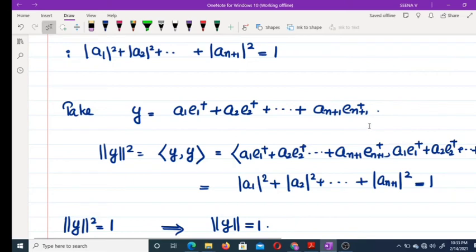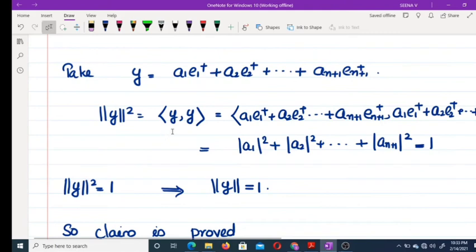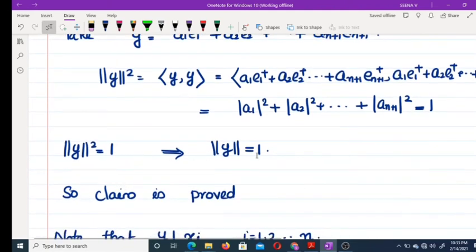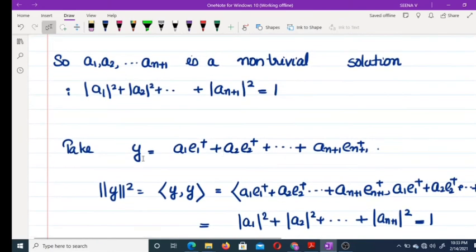Then norm of y square is the inner product of y with y, and you can evaluate this. Norm of y square equal to 1 implies norm of y equal to 1. Thus we get a y such that norm of y equals 1 and y is in the span of e1, etc., en plus 1.